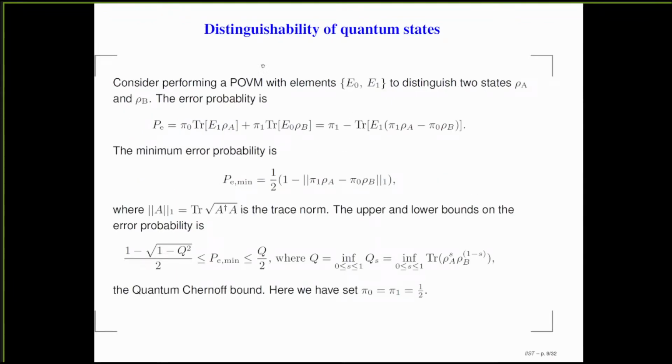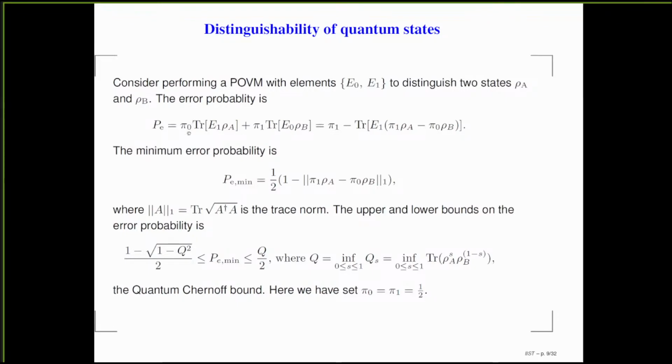So let us now briefly recollect what it means to distinguish two quantum states. The idea is basically that if you have two states, rho A and rho B, you are allowed to perform a POVM with operators E0 and E1. You get two outcomes depending on what state was available.